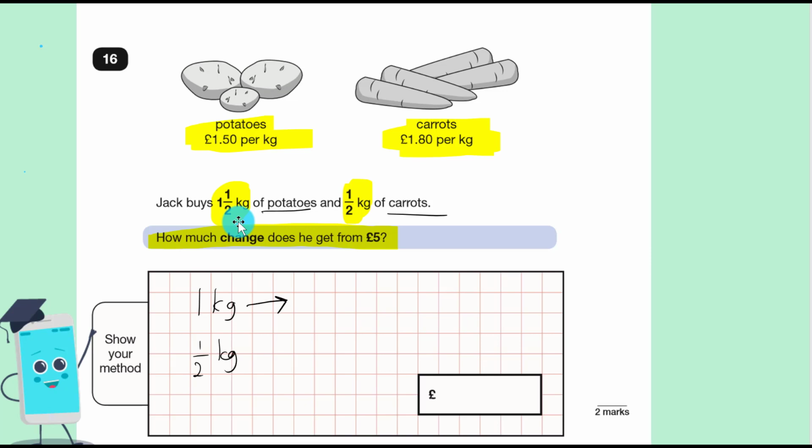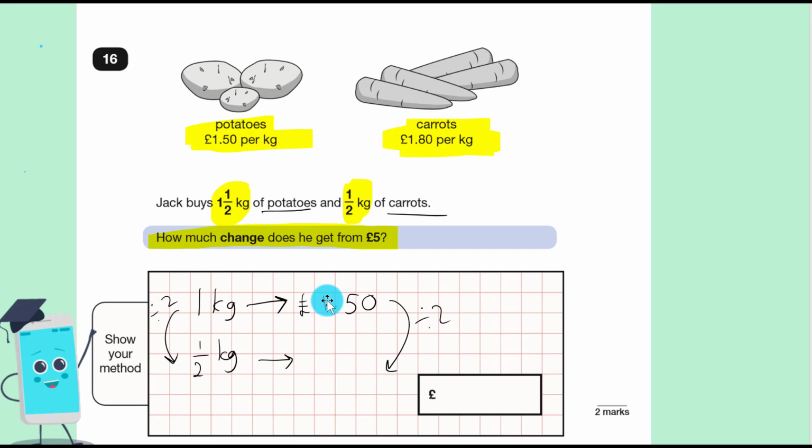Now my 1 kilo, I've got the price here, is £1.50. If I know what 1 kilo is, how will I know what half a kilo is? I simply need to halve my 1. So that means I'm going to write here divide by 2, that means I also need to halve my £1.50.